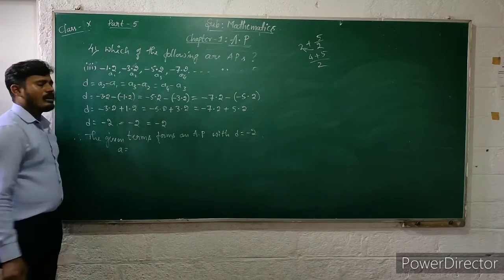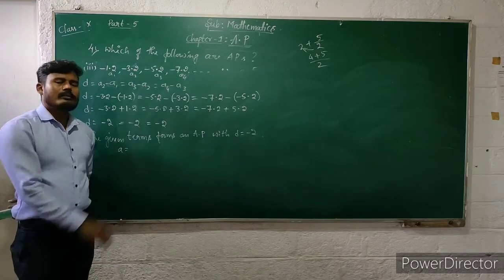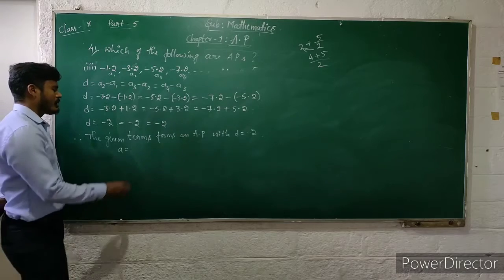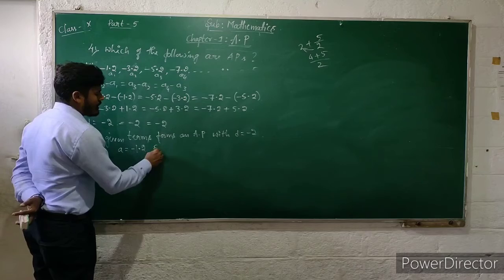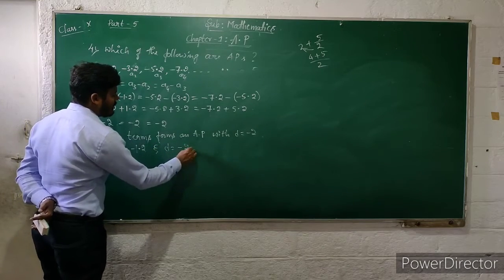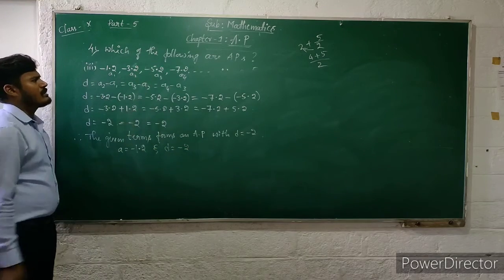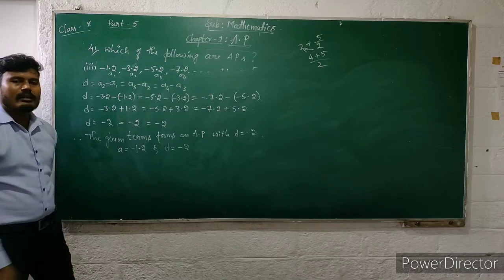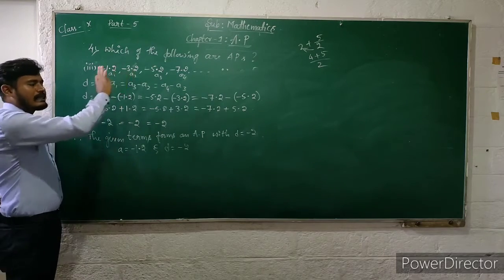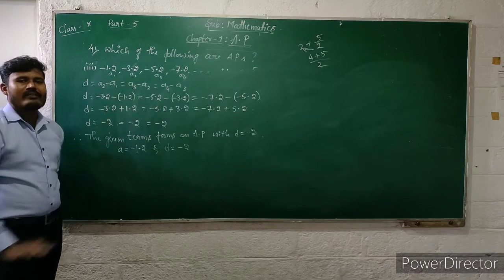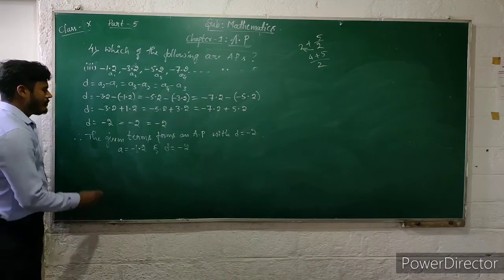So then write down the next 3 terms of the given arithmetic progression. We know that A is equal to minus 1.2 and the common difference D is equal to minus 2. There are 4 terms in the given sequence, and it is an arithmetic progression because the common difference remains the same.